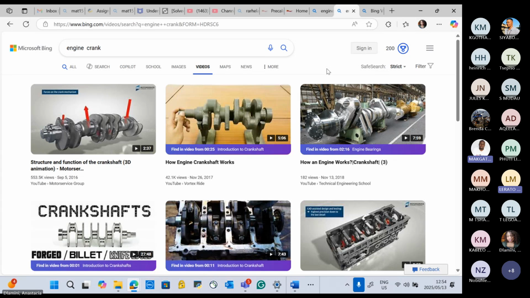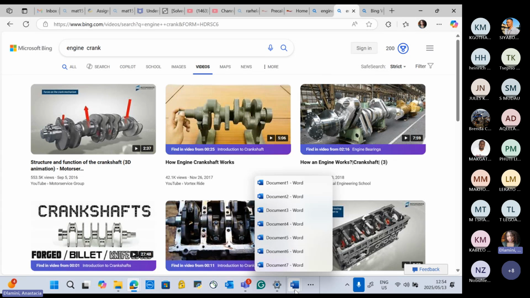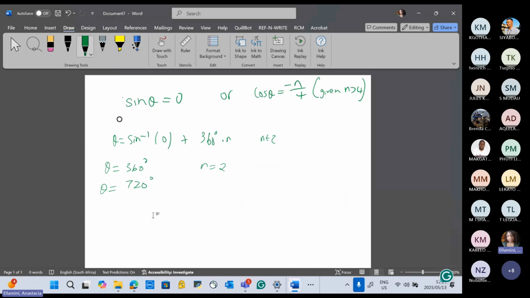360. So if the angle is between 0 and 360, are we allowed to use the general solution where we have theta equals 720? No. Guys, we are not allowed to use the 720.